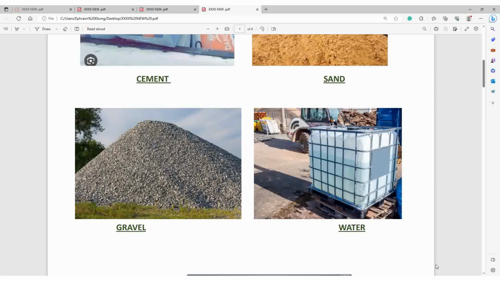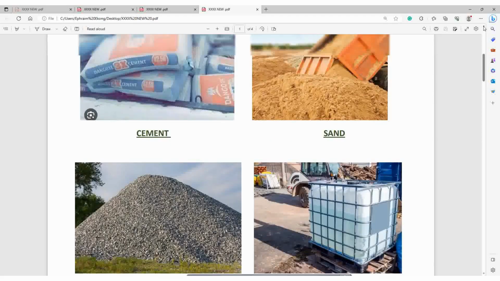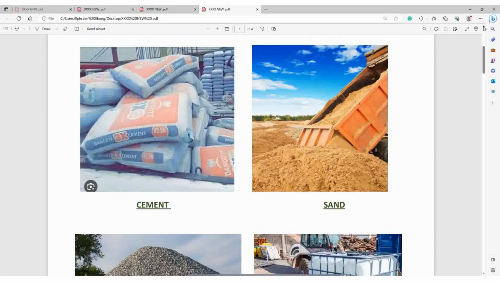These are the main materials of concrete. Now, let me tell you what cement is all about. Cement is the binding agent in concrete, and the most commonly used type of cement is the Portland cement.